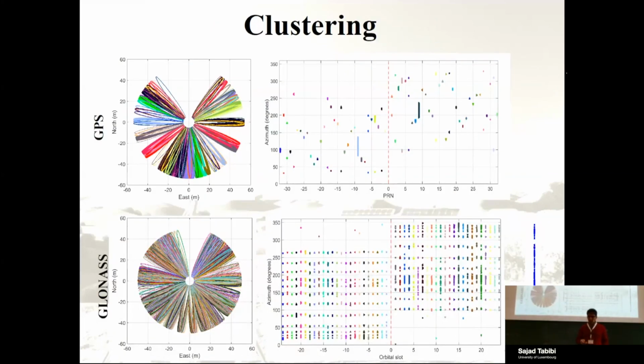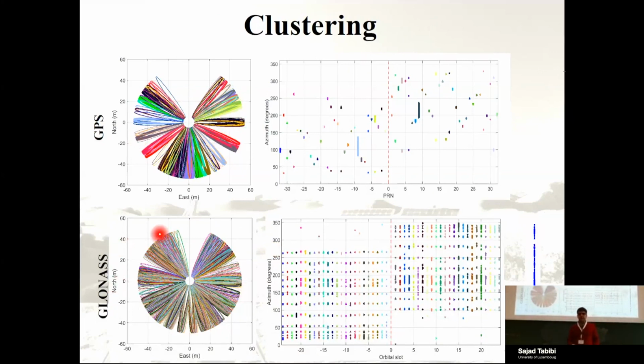One solution we came up with is the clustering of this GPS observation. As you can see here, I have a cluster of GPS and GLONASS. Different colors are from different GPS or GLONASS satellites. I have a very clear pattern for the GPS, as each GPS satellite appears every day at the same location, but that happens for GLONASS only every 8 days.